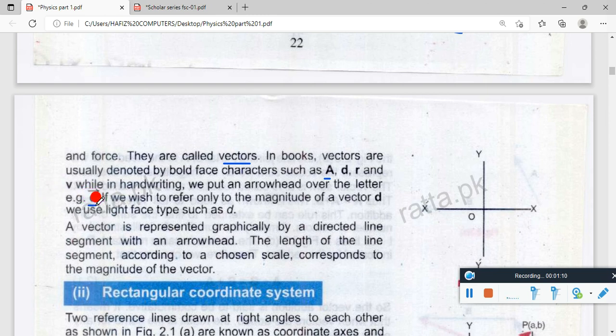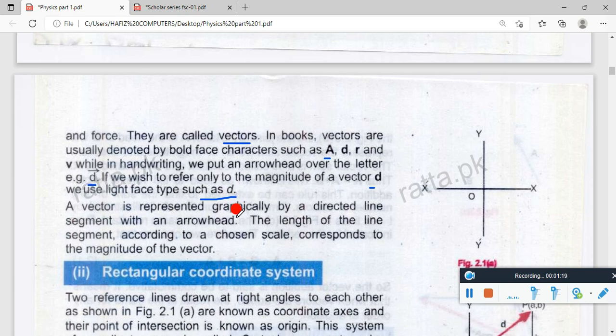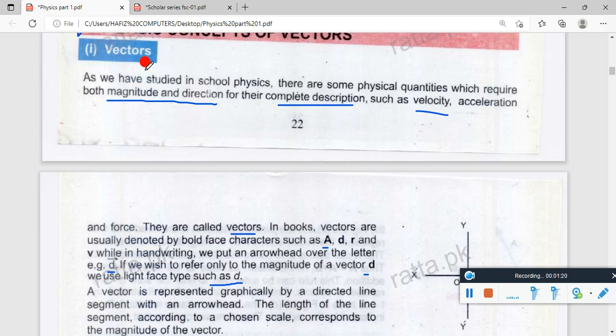If we wish to refer only to the magnitude of a vector D, we use light face type such as D. A vector is represented by a directed line.